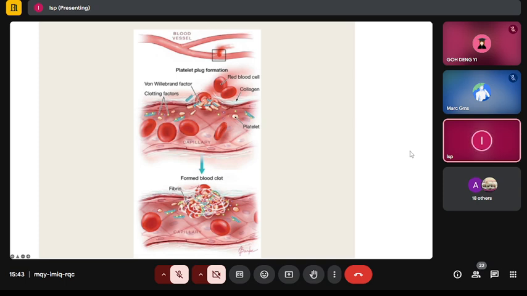The platelet plug subsequently triggers the initiation of secondary hemostasis, which involves the triggering of coagulation factors through the intrinsic and extrinsic pathways. In the end, secondary hemostasis forms a fibrin clot, which is more secure and plugs off the hemostasis.